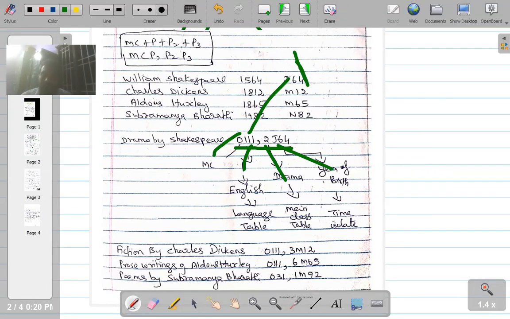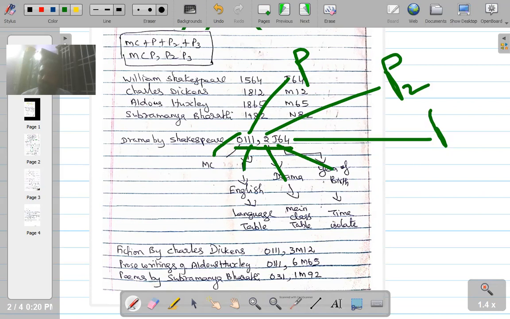So this is P, this 2 is P2, J64 is P3. P is taken from language isolate, P2 is taken from the main class, P3 is taken from time isolates. And this is how we construct the number for literature of a particular individual author.